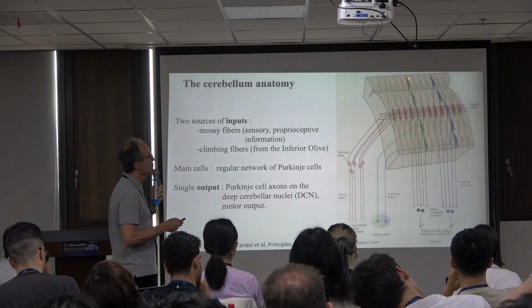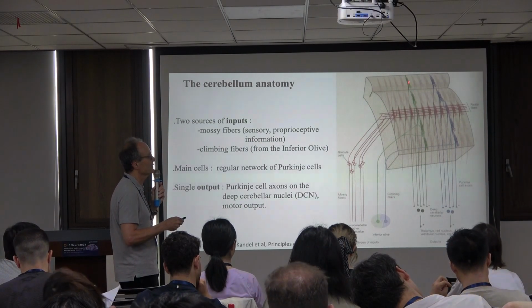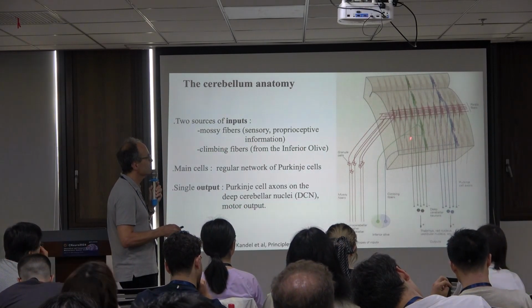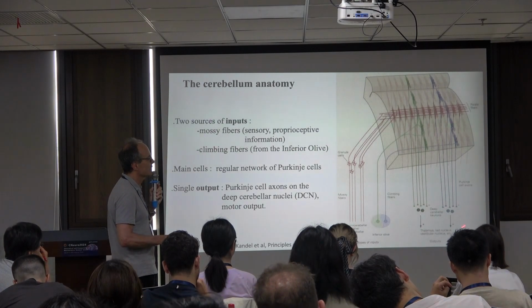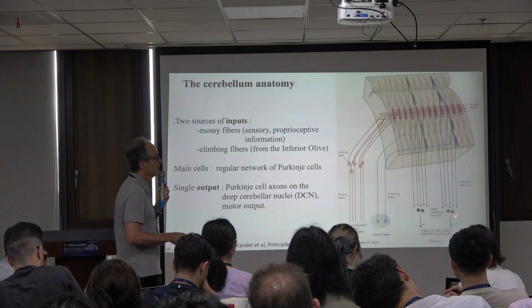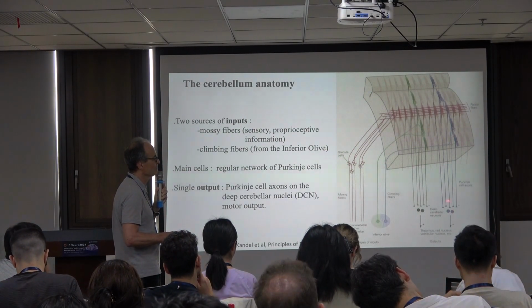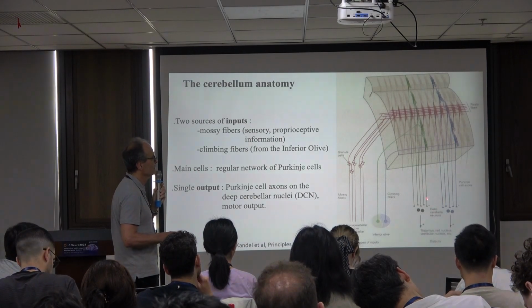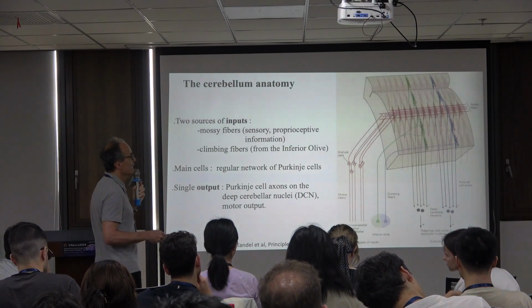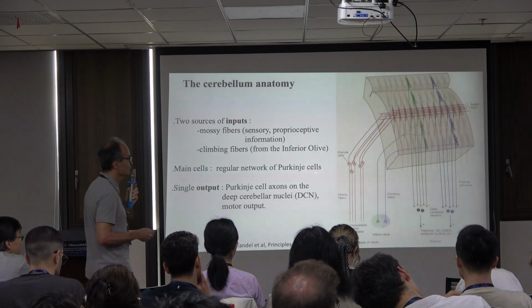And what is nice about the cerebellum is that there is a single output. All the output is coming from the axon of this principal Purkinje cell. So there is a single output that targets nuclei called the deep cerebellar nuclei. So there is a structure here that is targeted by the cerebellum. And then there are only two kinds of inputs.